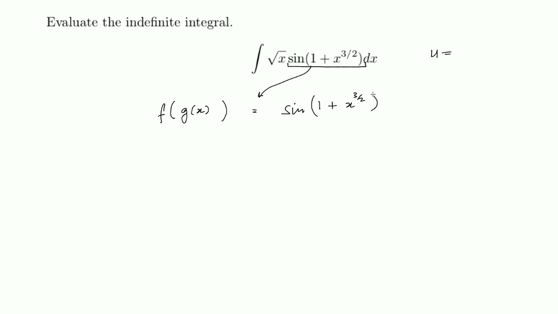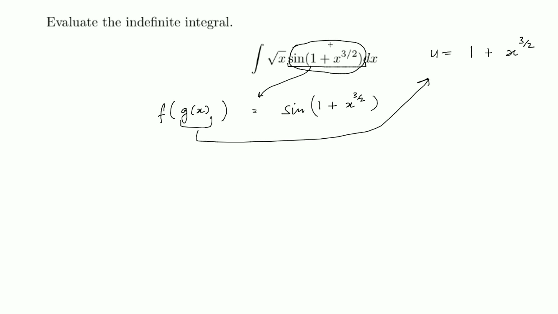So if you remember from our previous videos, g of x is what we substitute as u. And so in this case, our u is just going to be 1 plus x to the power 3 over 2. Okay, that means this sine term is going to be taken care of by the substitution.